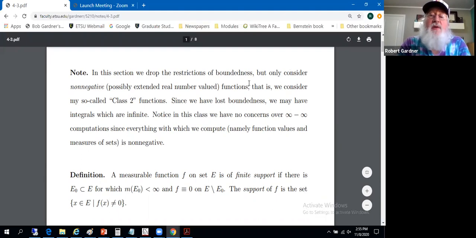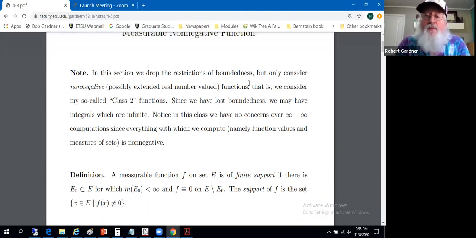We had bounded functions on sets of finite measure. So we're going to abandon the boundedness part, but we're going to consider in this section only non-negative functions and maybe let them take on the value infinity. So they'll be extended real valued functions. And this is what I've called class 2 of functions.